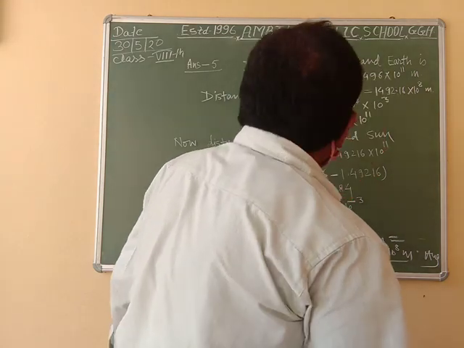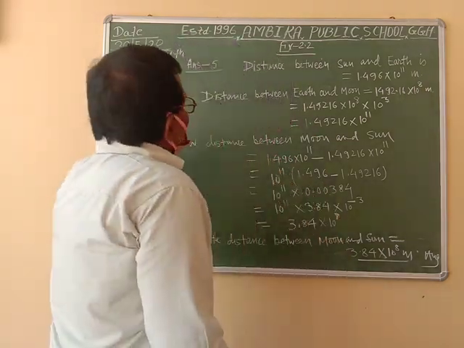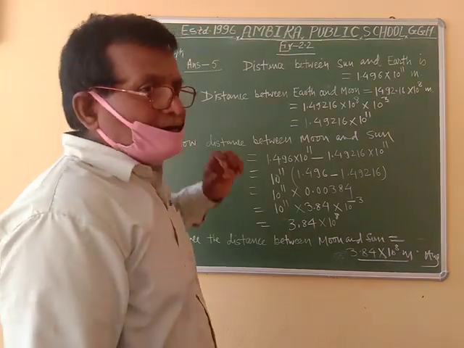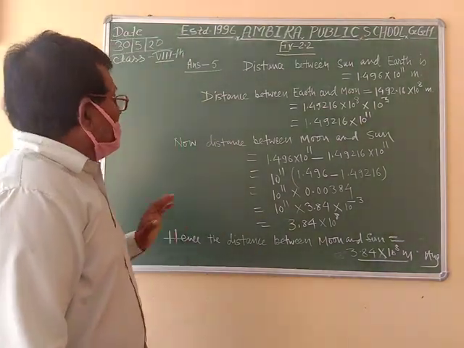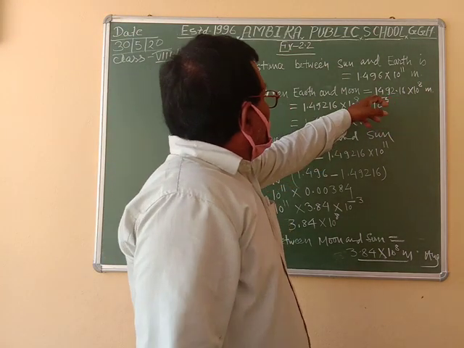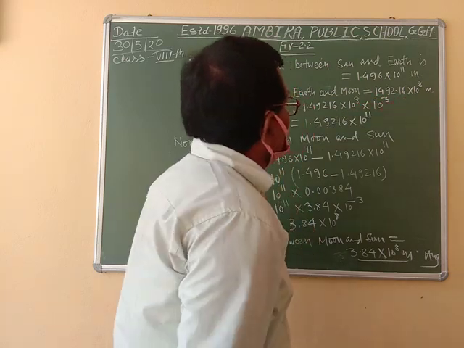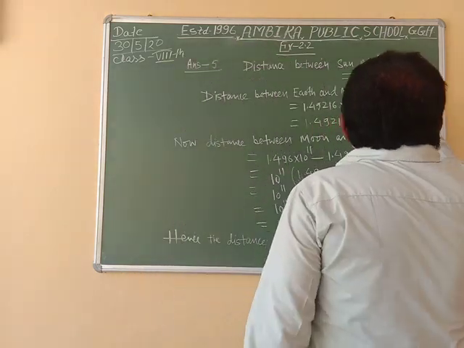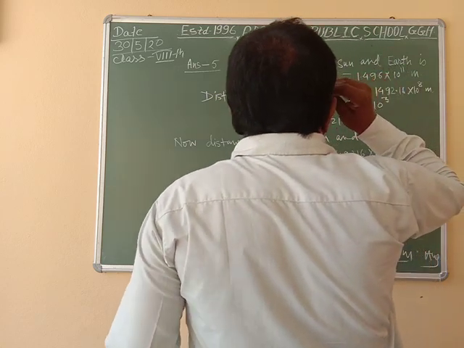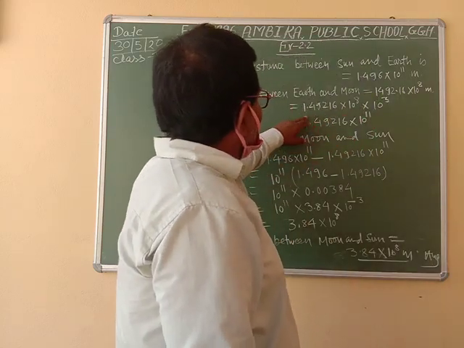Again I am going to clear. In the question, distance between sun and earth is given 1.496 into 10 to the power 11 meter, and the distance between earth and moon is also given 1492.16 into 10 to the power 8 meter. So we change into scientific notation.